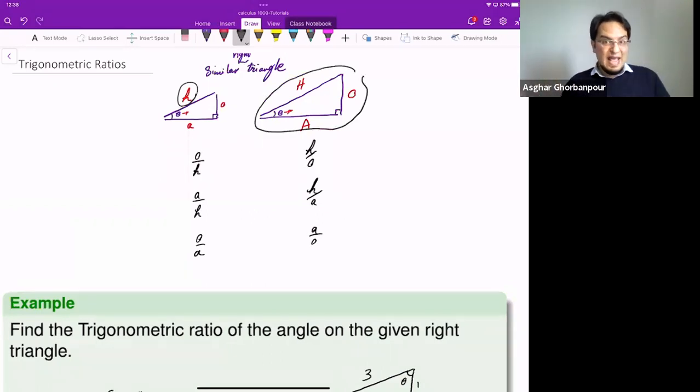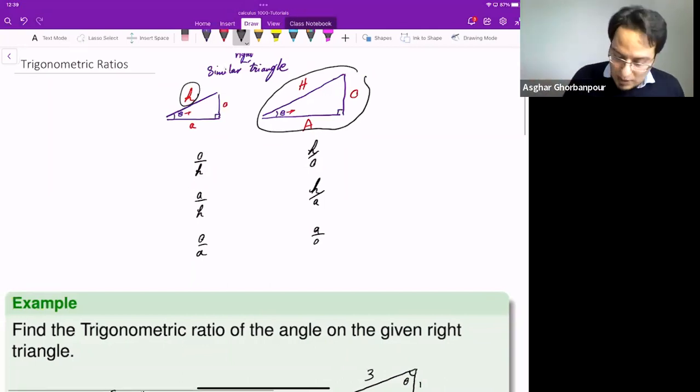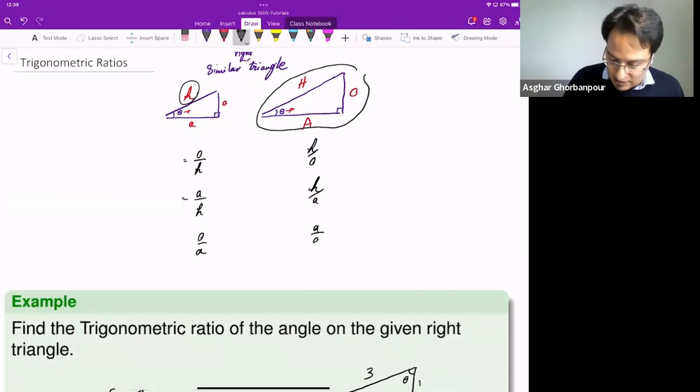The value of adjacent could be different, but when you find the ratios, no matter who drew the triangle, the ratios are going to be the same. Mathematically, they say these are invariant, meaning that everywhere in this world, if someone finds this ratio, it will be the same. That's why these guys are important, and we have names for them.